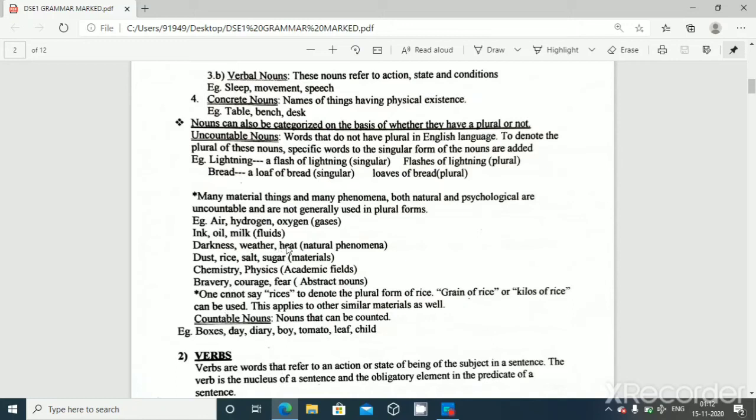Okay, darkness, weather, heat. These natural phenomena also, we never talk about darknesses, weathers. No, weather, heat. Okay, and dust, rice, salt, sugar. Very funny examples you can get here. Just think about rice. We never go and count rice.